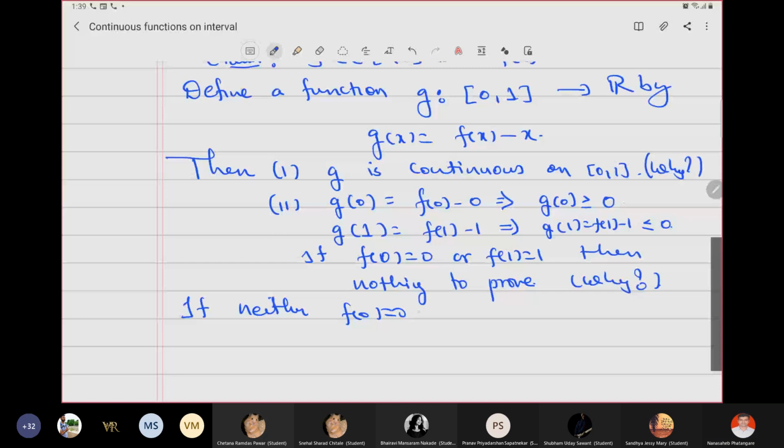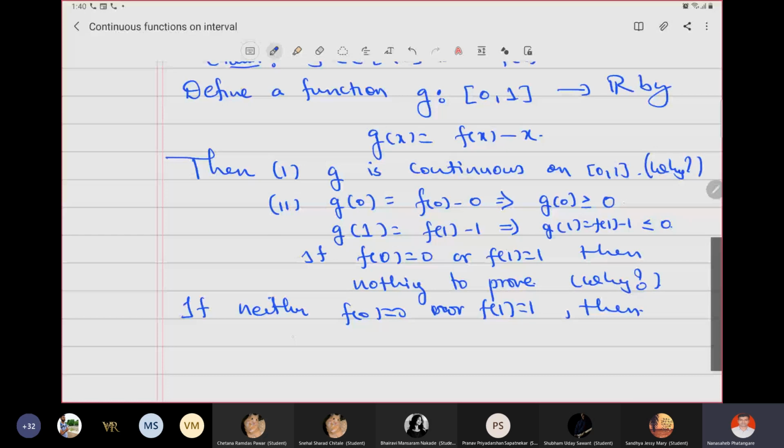Then what happens? Then 0 is strictly less than f of 0, and f of 1 is strictly less than 1, because f of 0 and f of 1 are greater than or equal to 0 and less than or equal to 1, but f of 0 is not 0 and f of 1 is not 1. That means f of 1 is strictly less than 1 and f of 0 is strictly greater than 0.